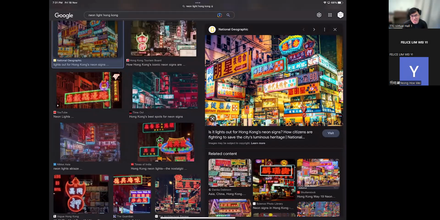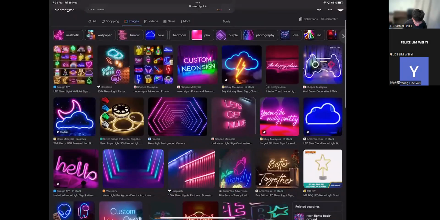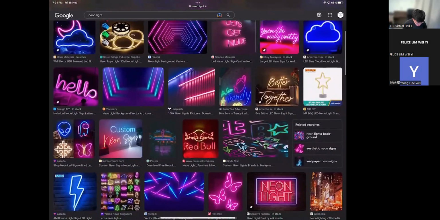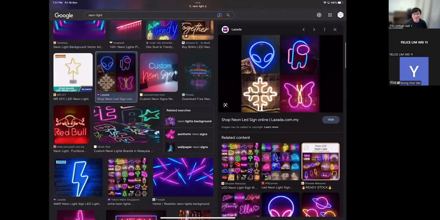Now we use LED, because LED is the new technology. This is like old technology already. I mean, it's cool lah. You can go Shopee, buy one and put it in your room. Ooh, this is really cool. Hey, they have Among Us here. If you buy this, this is not neon anymore. This is also LED. It looks very 复古, very retro. So you put on in your room is really cool.